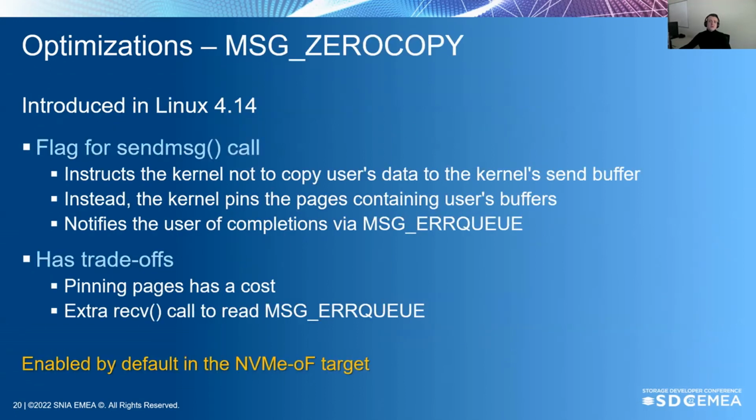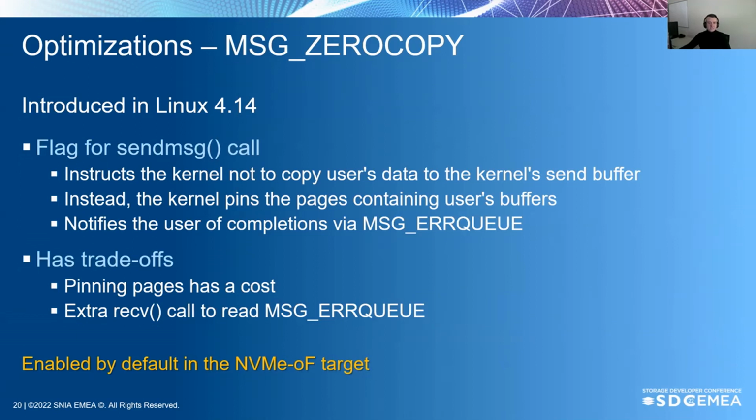Next, MSG_ZEROCOPY. MSG_ZEROCOPY is a flag introduced in Linux 4.14 that can be passed to the sendmsg call to instruct the kernel not to copy user buffers, but instead pin the pages that contain the buffers to avoid copying the data. After that, the user is notified of the completion by reading the error queue. Of course, this mechanism has trade-offs.